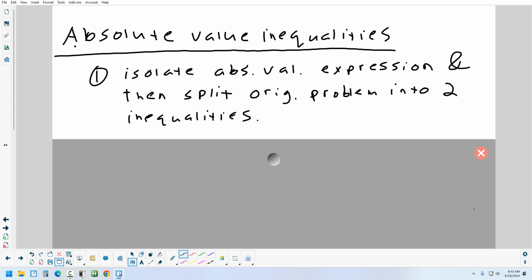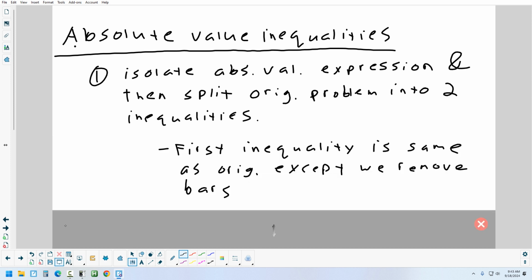So the absolute value has to be alone on one side. And the first inequality is the same thing we did yesterday. It's the same as the original inequality, except we're going to remove the bars. The whole goal of splitting it into two is to get rid of the bars.